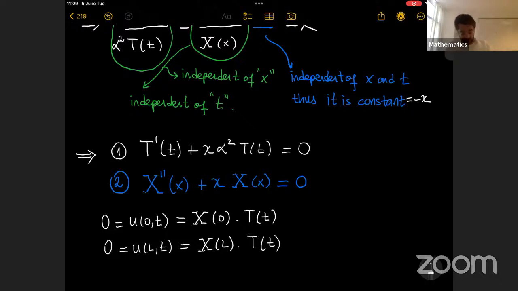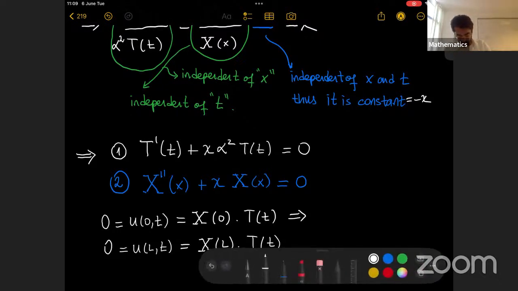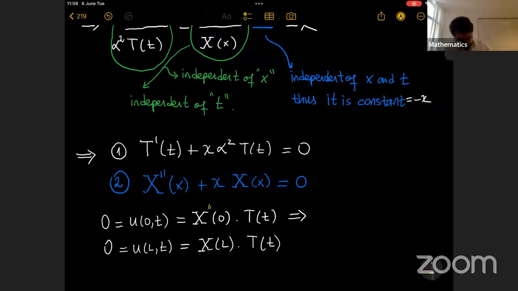Well, this implies that, since the first one, let's look at the first one, since the product is 0, one of them must be 0. But if T(t) is 0, then we have the trivial solution. We ignore the trivial solution because it will not satisfy the second initial condition most of the time. So this here must be 0, in order for this product to be 0.